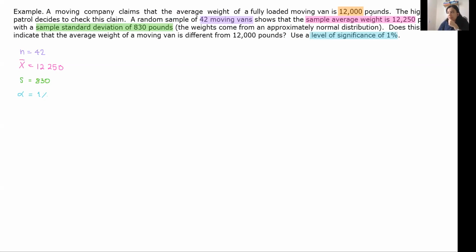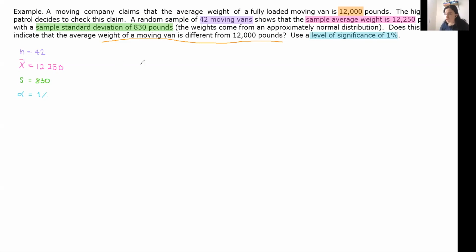All right, so the 12,000 pounds over here is not really any of the pieces of information that I got from my sample. Instead, what I'm going to try to do is to determine whether the weight of a moving van is different from 12,000 pounds, right? So that means that that's probably going to be the value that I'm going to be comparing everything to.